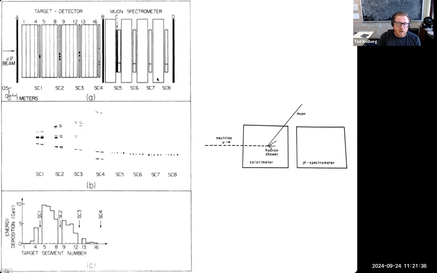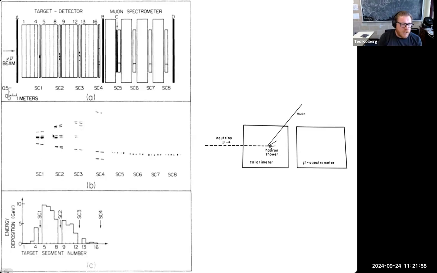This experiment, which was called E1A at Fermilab, used a 10 GeV neutrino beam, and instead of using bubble chambers, they're using spark chambers interleaved with absorbers. So very similar in spirit to the Brookhaven neutrino experiment we talked about last time that verified the existence of the muon neutrino.